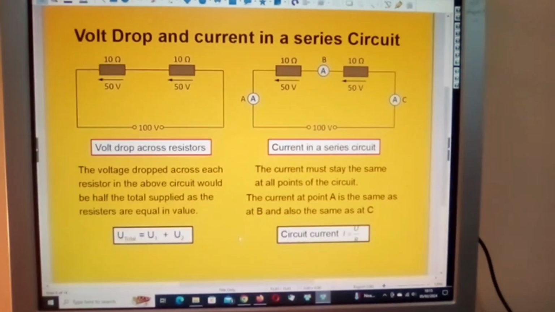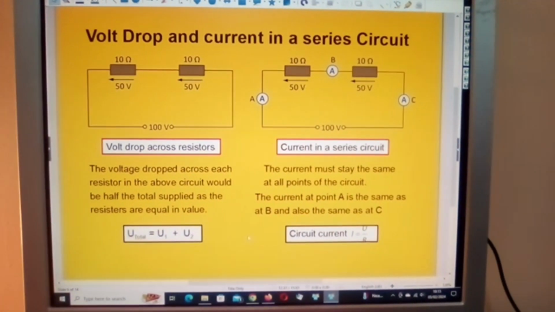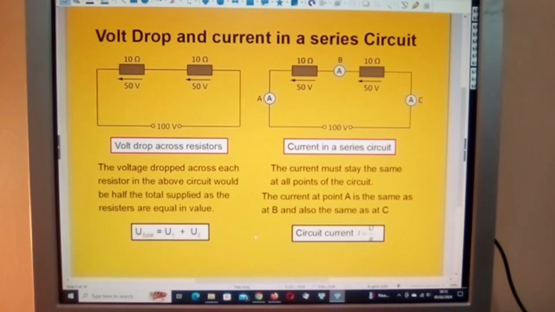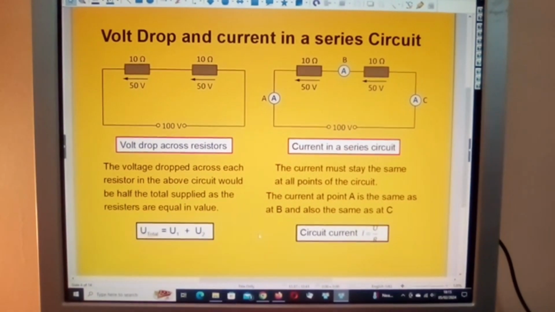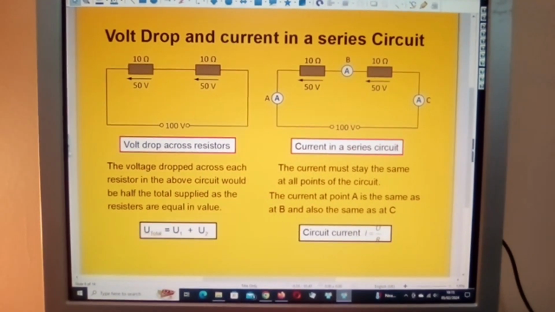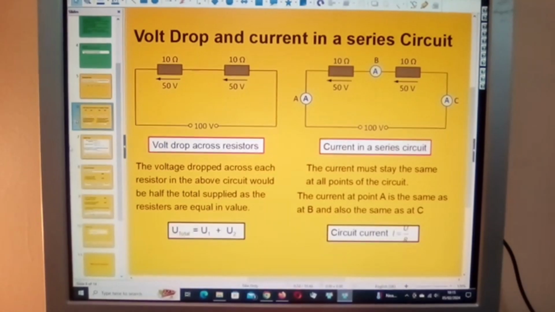Again, similar thing you would have seen earlier in the other session, except that this is just recapping on it. We're just simply doing a bit of recapping.